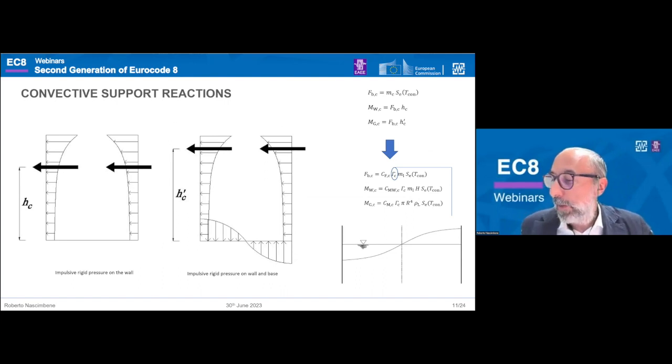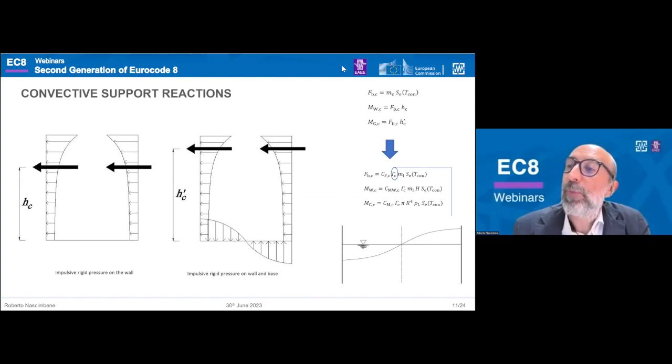As before, FBC is the convective base shear. Please notice the difference, because before we were using the reduced spectrum in horizontal direction.